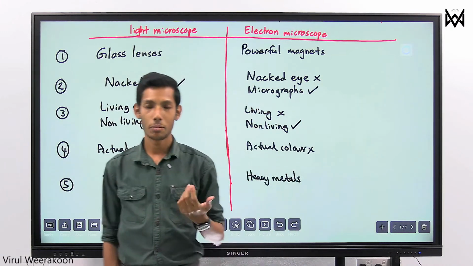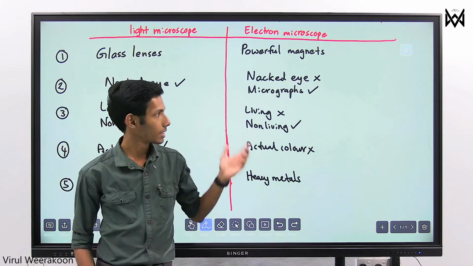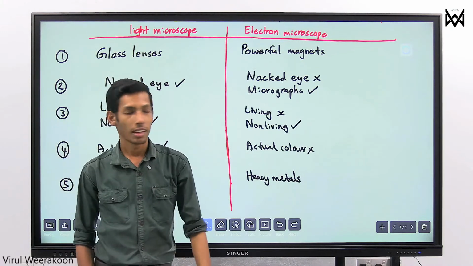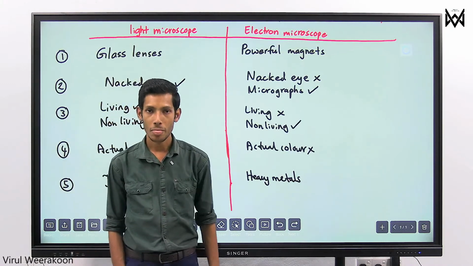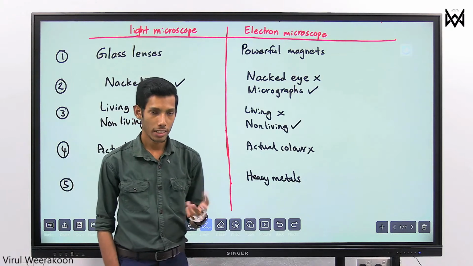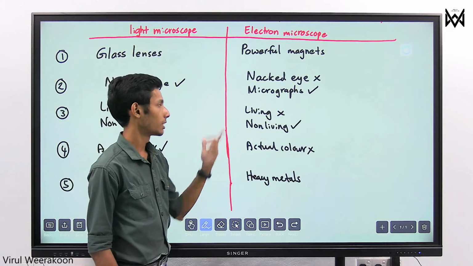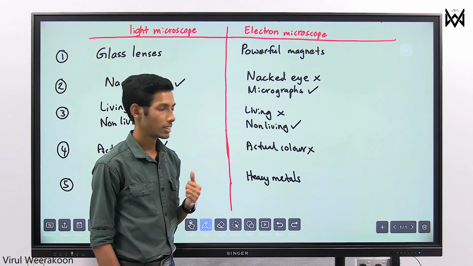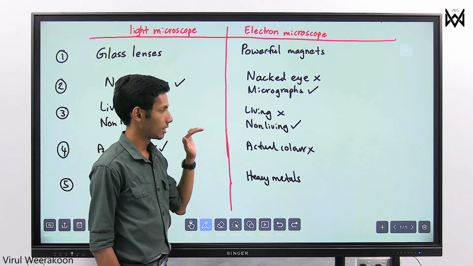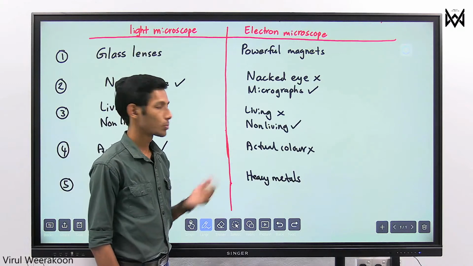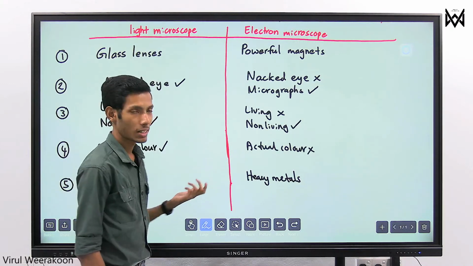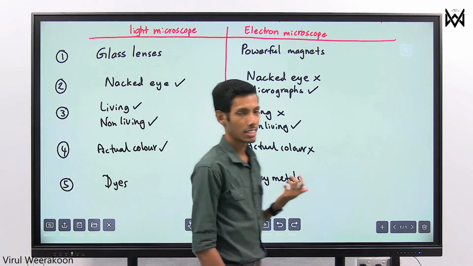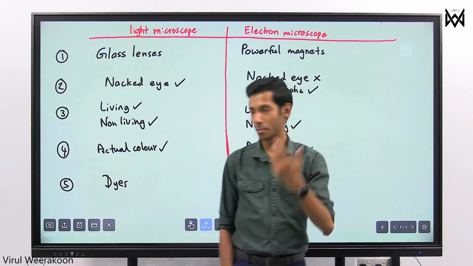Living things turn into non-living things when they go through the electron microscope. Got it? So not living things, only non-living things can be observed with the electron microscope. Life cannot be maintained in an electron microscope with the high energetic rays and those complex structures.